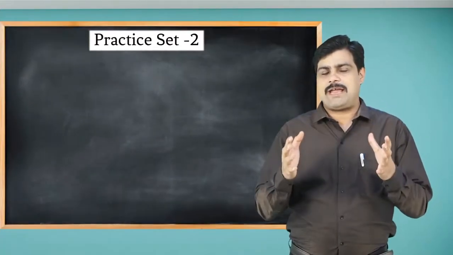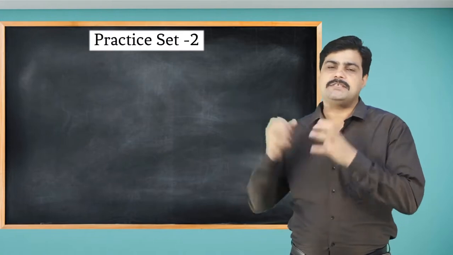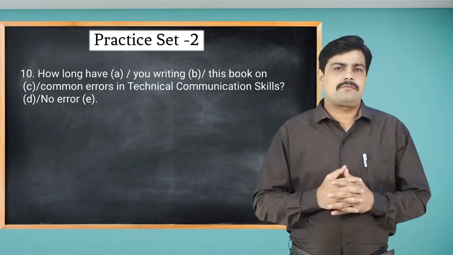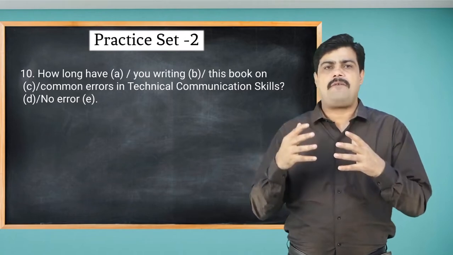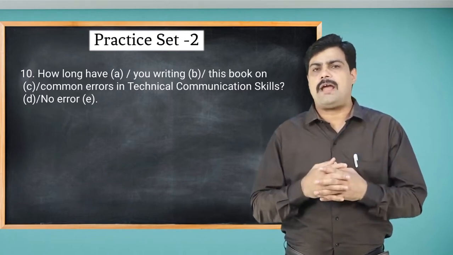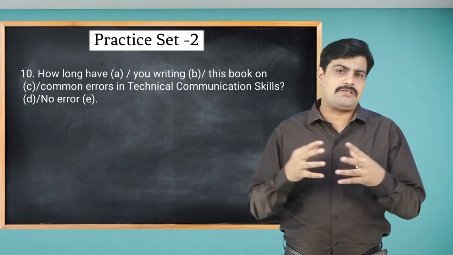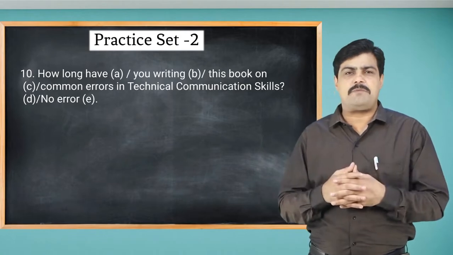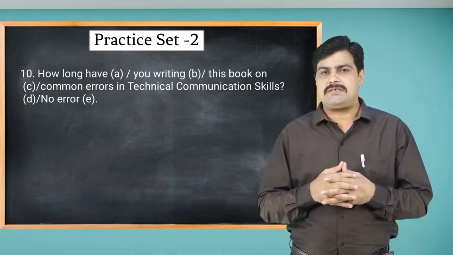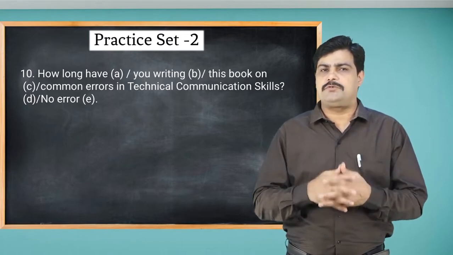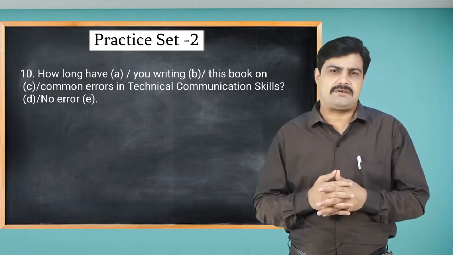Okay, now let's take the last sentence of the session. This is on the screen. How long have you writing this book on common errors in technical communication skills? Well, the error in this sentence is in part B. Remember that there are some words which are used in perfect continuous tenses only.